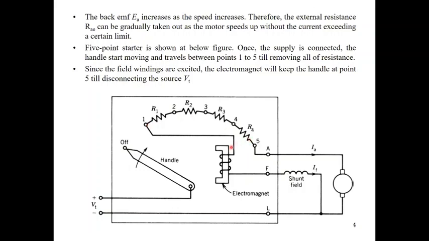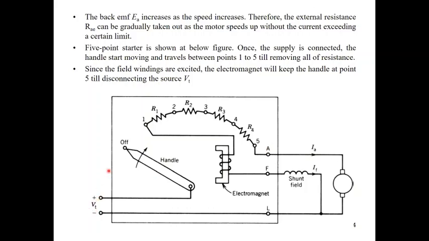This device works on the current which is going to pass through this electromagnet, which will attract this handle and move the handle between points 1, 2, 3 up until point number 5. And at point number 5, the motor will be connected directly to the supply voltage V terminal. So this is the method.